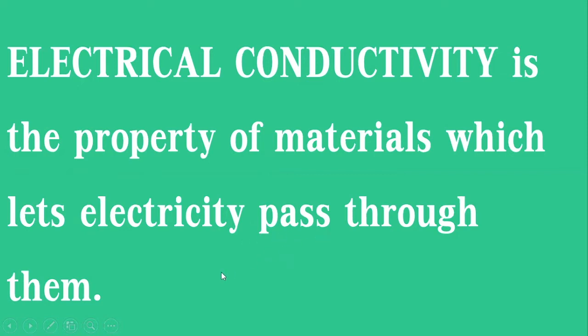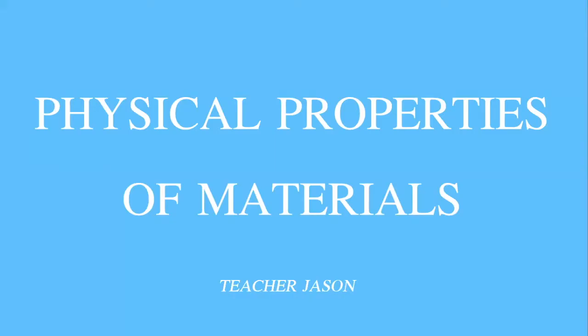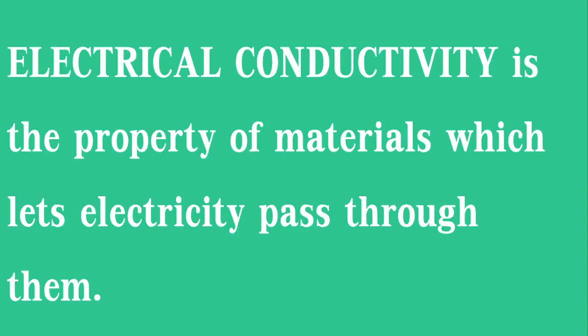Okay, I ask you to prepare your copybook. Open your copybook and continue writing in our topic, physical properties of materials, that we already wrote in our copybook. We continue to discover the fourth property of materials, electrical conductivity.